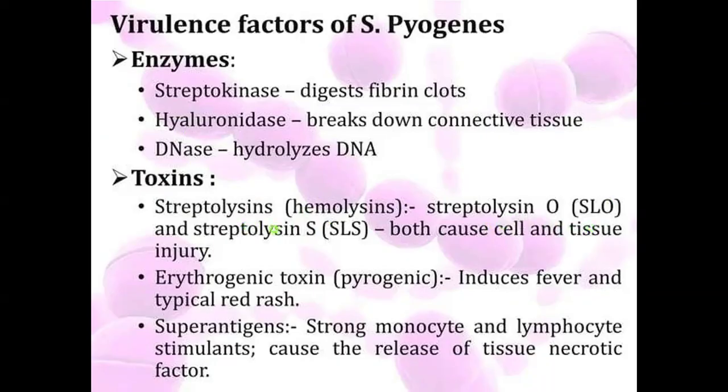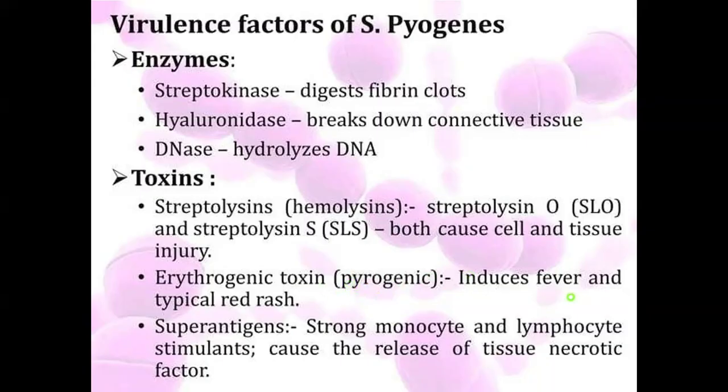This is very, very important because there is a test we do. We call it anti-streptolysin O. Antibodies against this, we look for them when we are testing for a certain disease caused by strep pyogenes. Okay? So this is very, very important. Erythrogenic toxin, or pyrogenic. Anywhere you see pyro, this means fever.